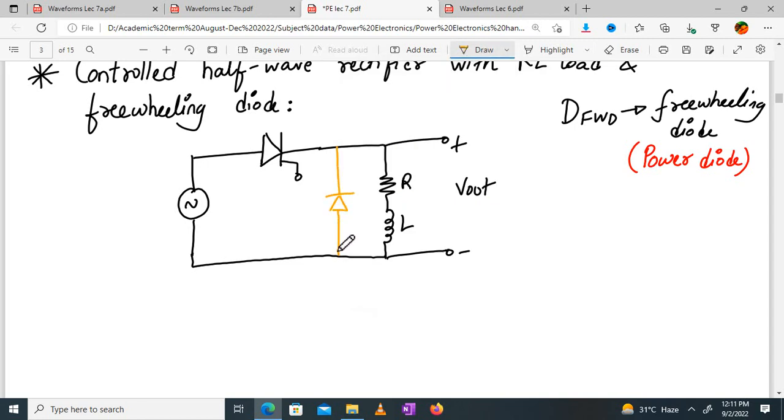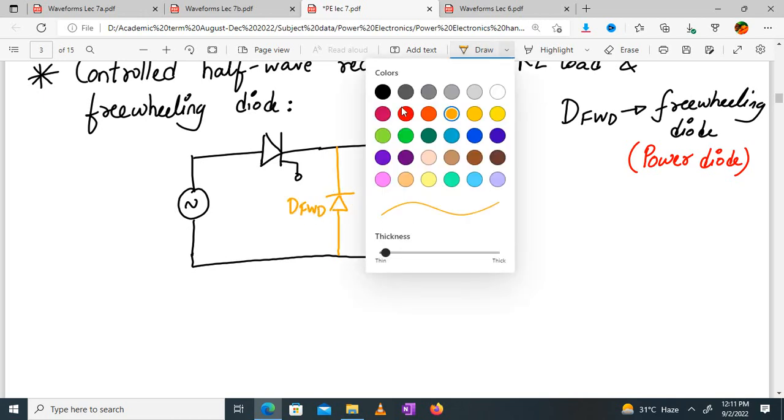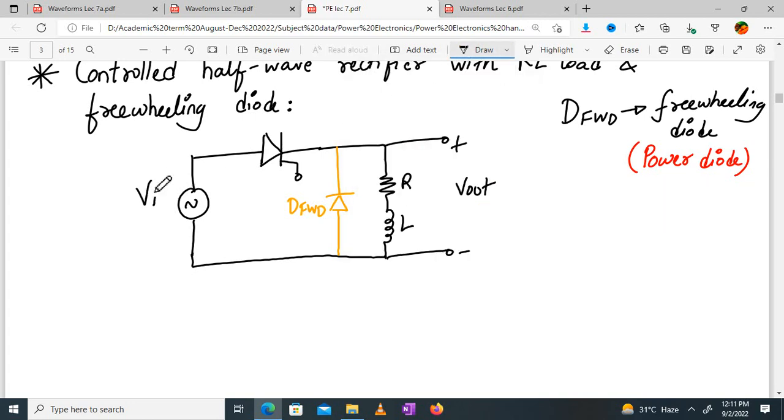Visible now? So this is your freewheeling diode. I will have my current I in and current I out. Just one diode connected reverse across the load, and that is called a freewheeling diode. Okay?